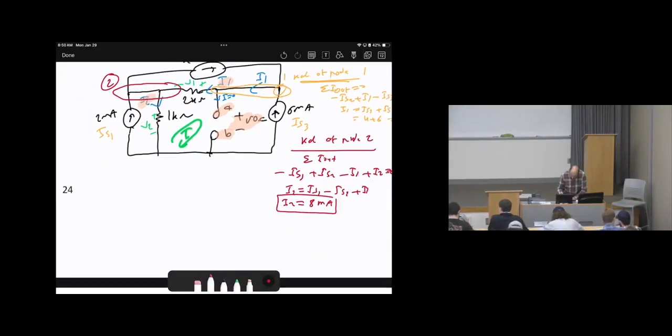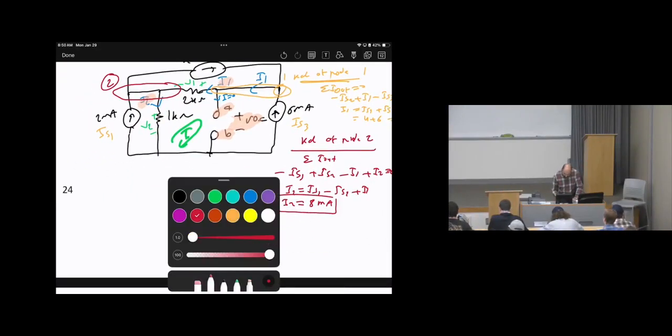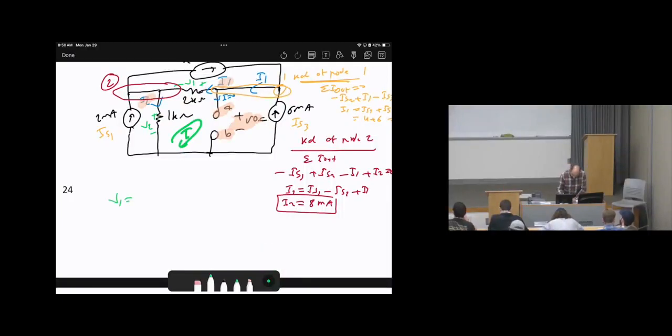Then we can calculate the voltages. So we will say that V1 will be I1 times R1. Then it's going to be 10 milli times R1, which is 2 kilo. And then the answer will be 20 volts. Then V2 will be I2 times R2, which is going to be 8 times 1 kilo.